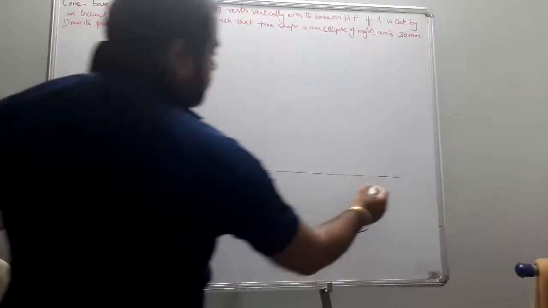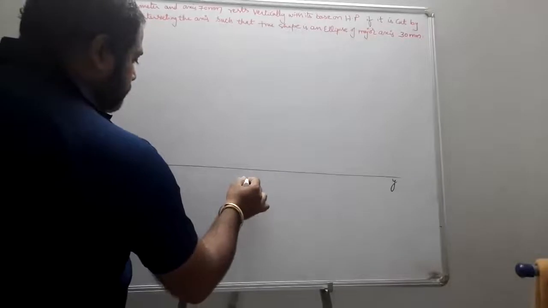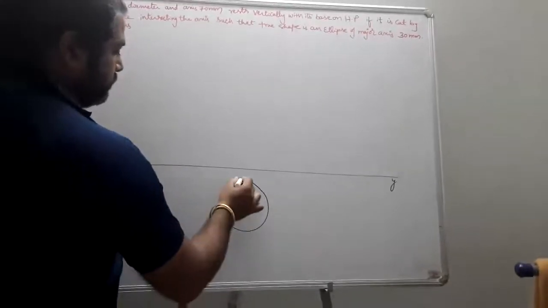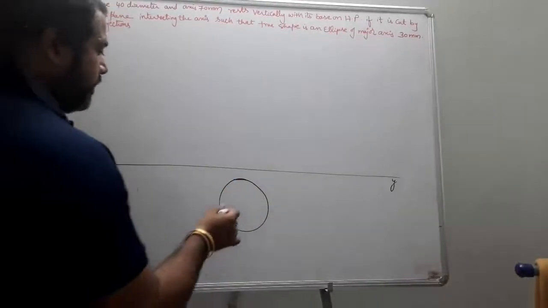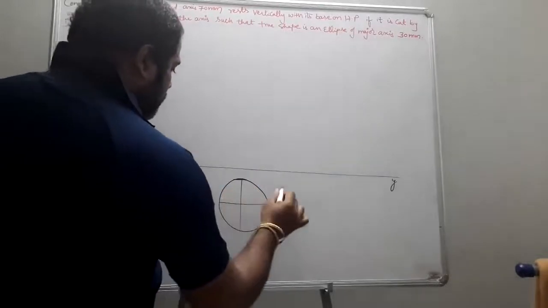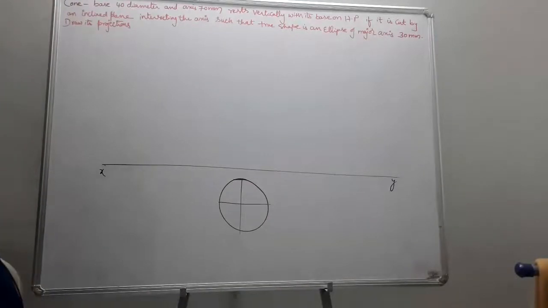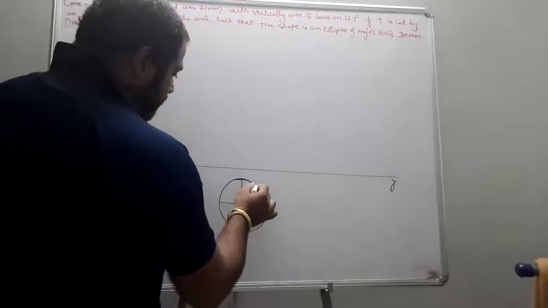If this becomes XY, okay. So this was my cone base in top view. Okay, you just take 8 equal divisions. Let us say I will also take 8 divisions, no problem.